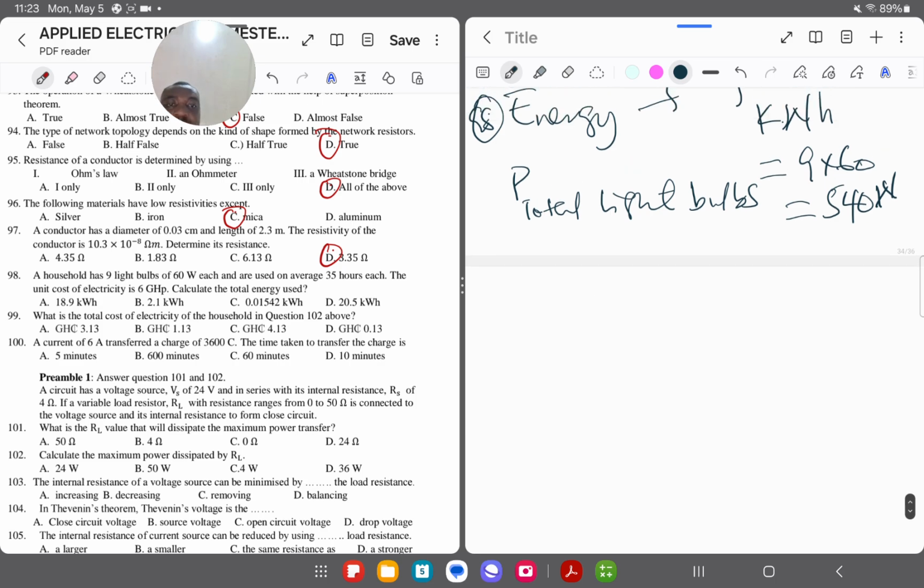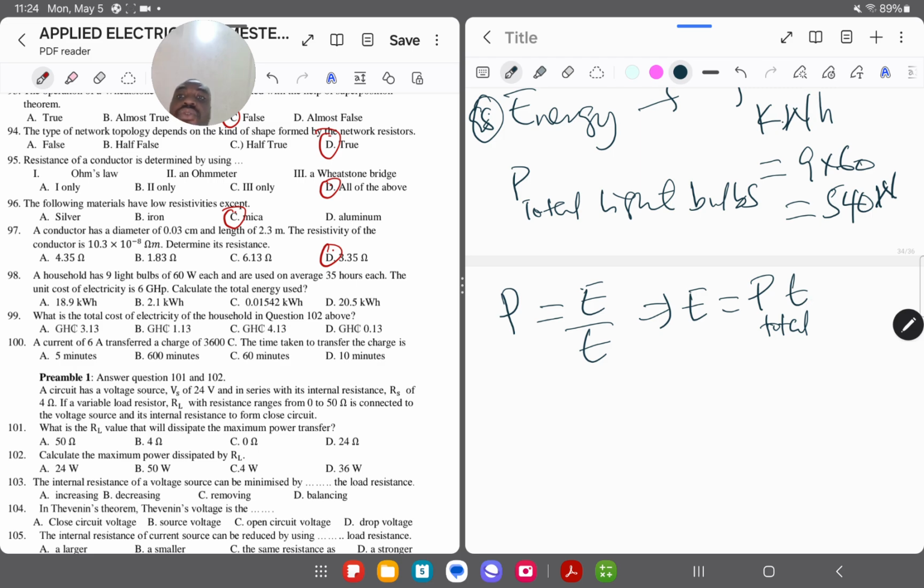Now to get the energy, we know power is the rate of work, and work done is a form of energy, so power equals energy over time. But we're interested in energy, so energy equals power times time. The time should be in hours, because we are talking about electricity consumption in a household.